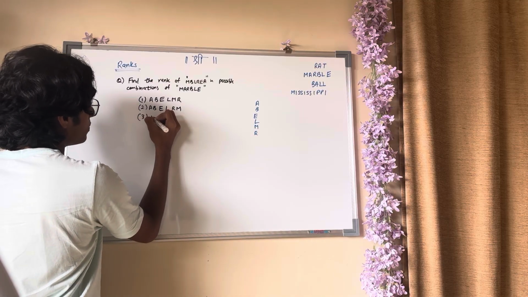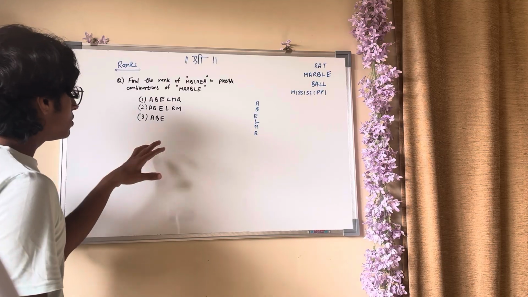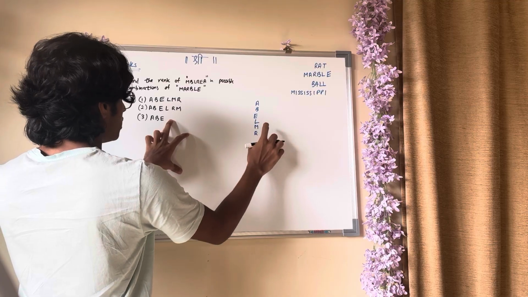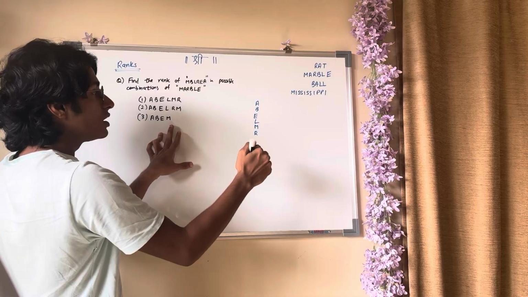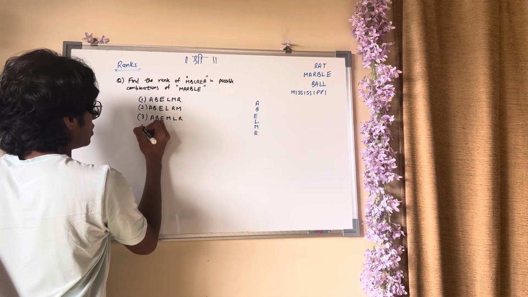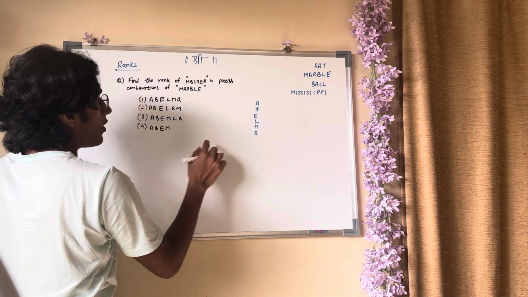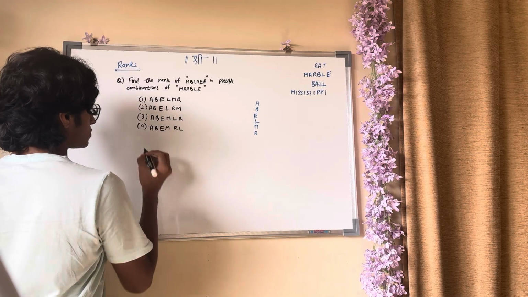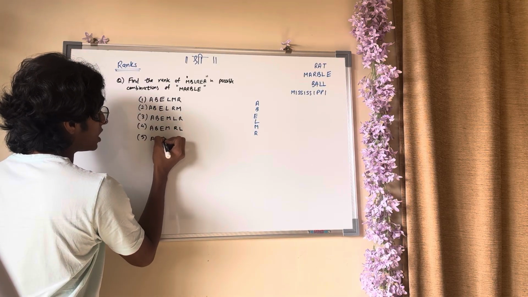Third word would be A, B, E. Now the first three letters would be the same, and in this alphabetical order, after L we have M. So the fourth letter would be M, and then we have to go alphabetically again. Since L and R are remaining, first L and then R. For the fourth, A, B, E, M would be the same, swapping the last two places of the letters R and L. Fifth, A, B, E remains the same.